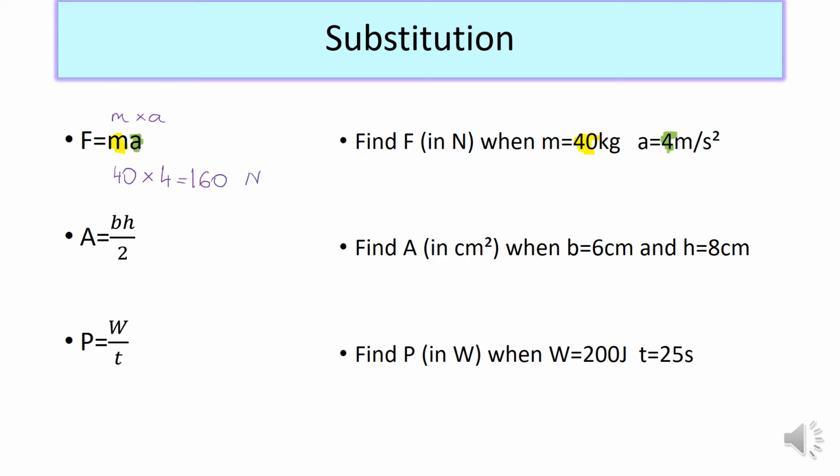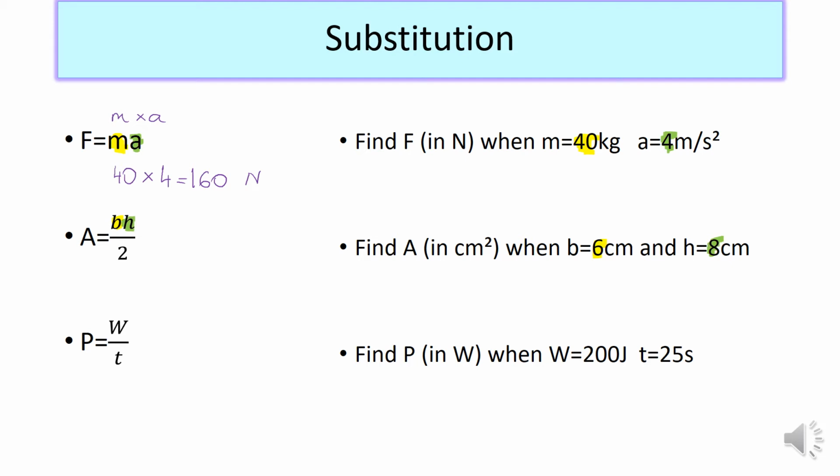160 newtons. For the next one, I've got the value of B, which is 6, and then the value of H, which is 8. So now I can just substitute those two values into the formula.